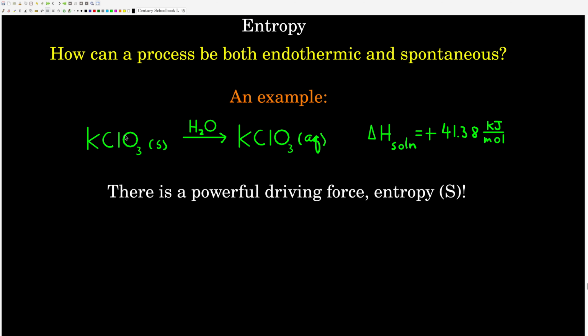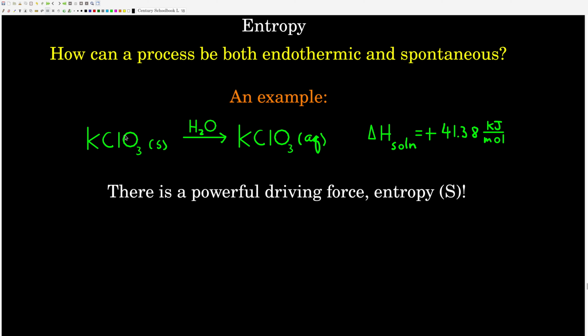So just like we saw for cesium chloride, for potassium chlorate, its heat of solution, remember that's the overall process, is positive. It's an endothermic process, positive 41.38 kilojoules per mole it ends up being. But if we have to put energy in to do this, how can it be spontaneous?